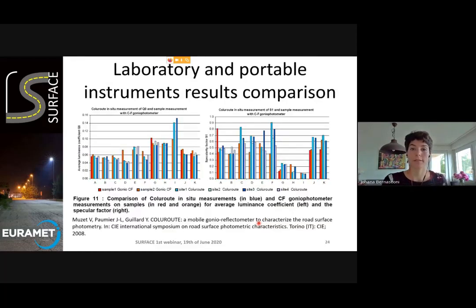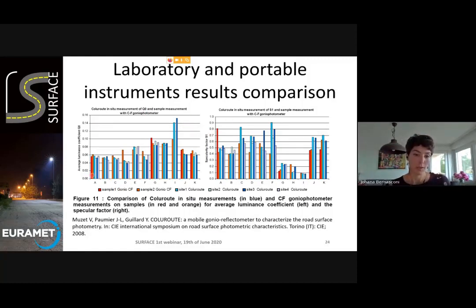Now if we compare what we can expect between the results of laboratory and portable instruments, here it was done with ColorRoot, and it was a comparison between measurements made with the portable device and with the gonio-photometer of CEREMA. On the left it's Q0, and on the right is S1.